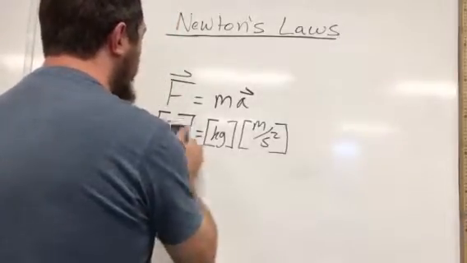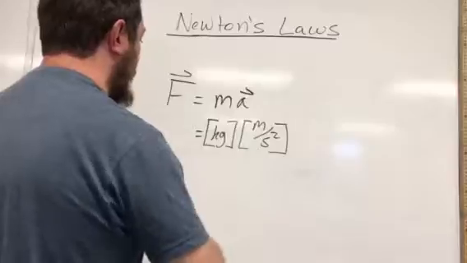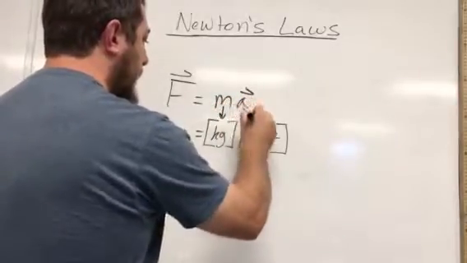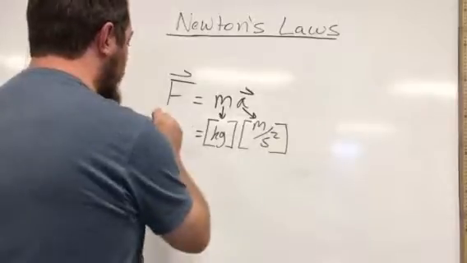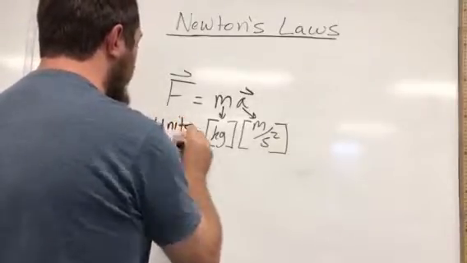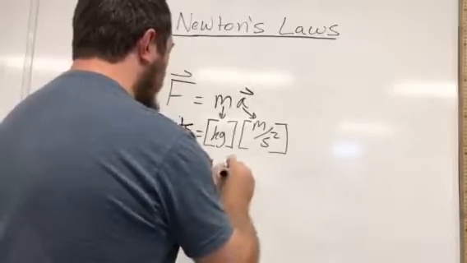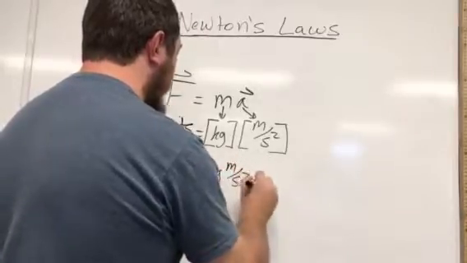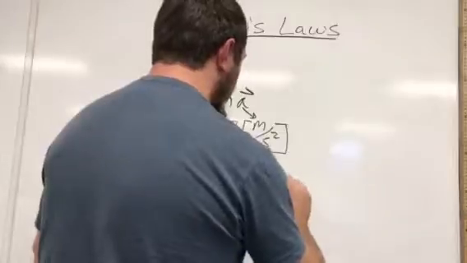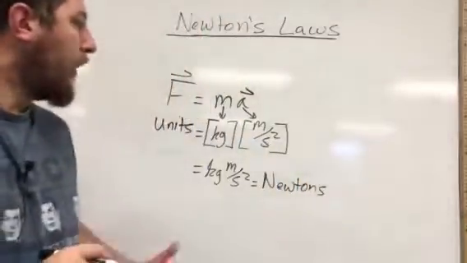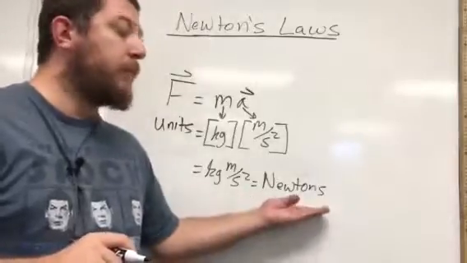I use these brackets to note units, that's all I'm doing. So my mass is going to be measured in kilograms, my acceleration in meters per second squared. So these are the units on force. And so we call kilograms times meters per second squared newtons, of course, after Sir Isaac Newton. So force is measured in newtons.